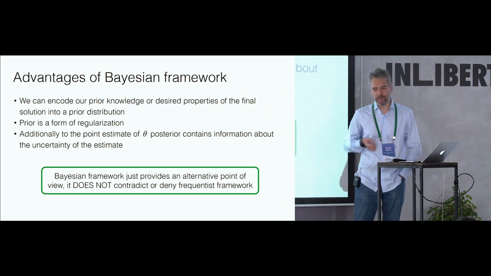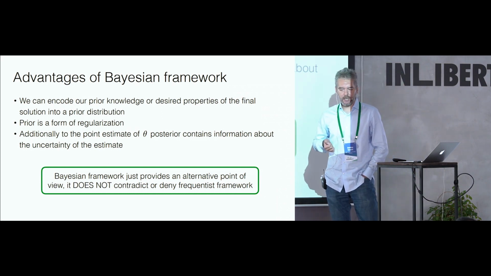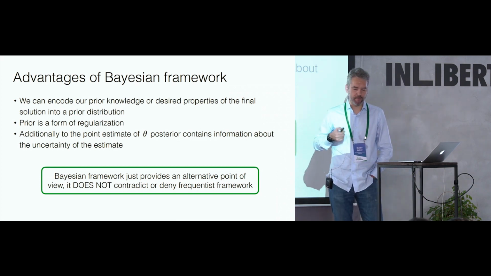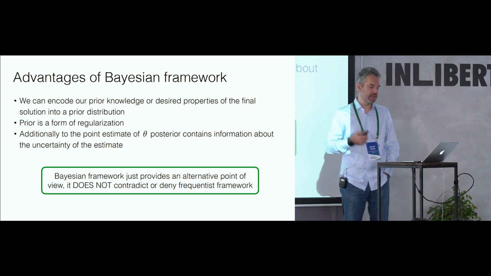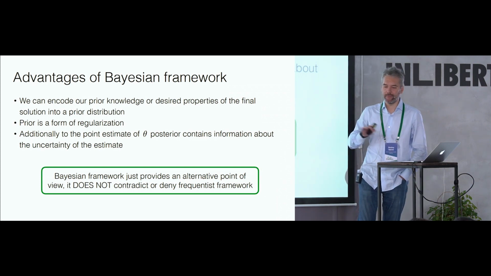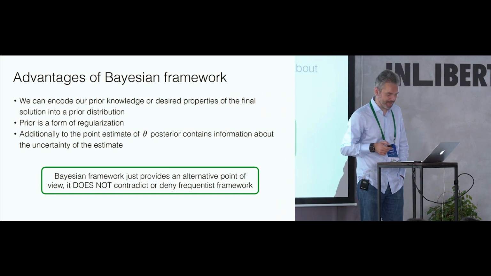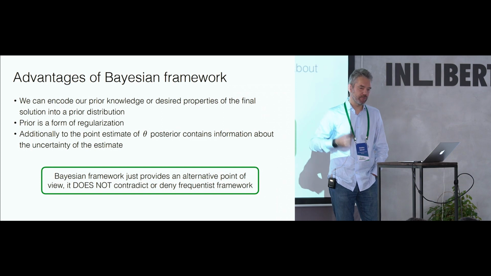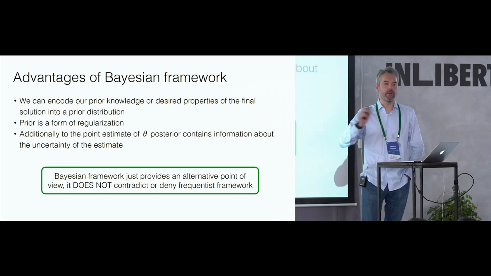Remember that case with tossing a coin twice. If we were not Bayesian, we would simply end up with a probability of heads equal to 1, and this would be a classical example of overfitting, with which we are all familiar since we are all doing machine learning. So if we have a prior distribution, we regularize, we do not allow the model to overfit the data.